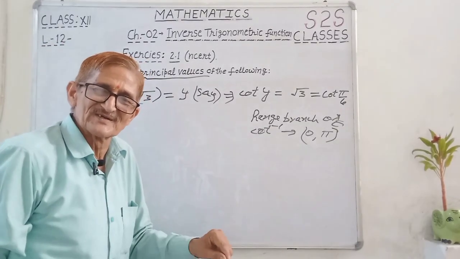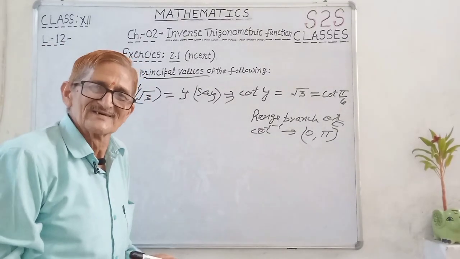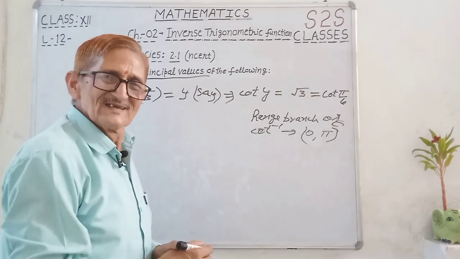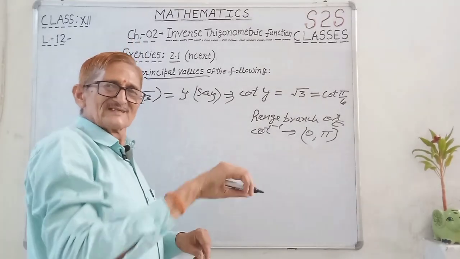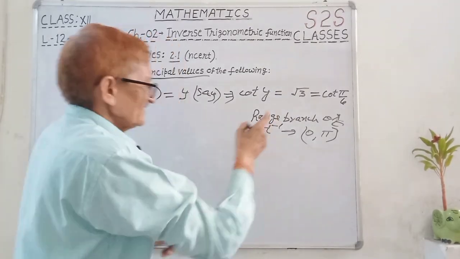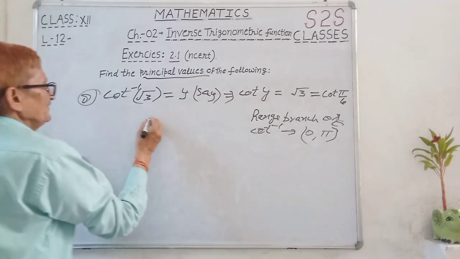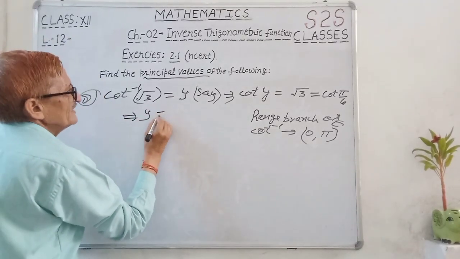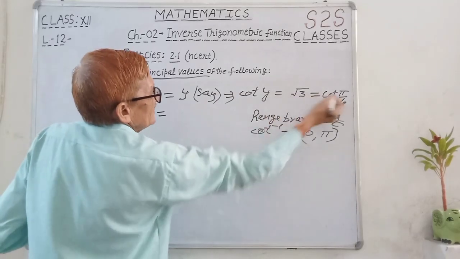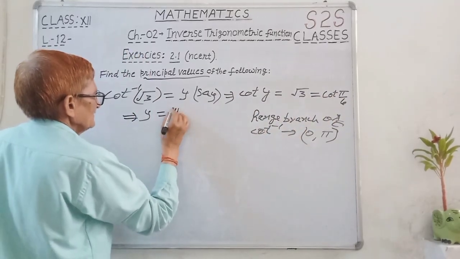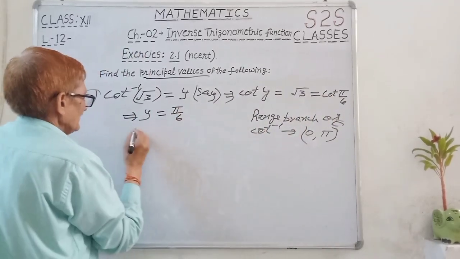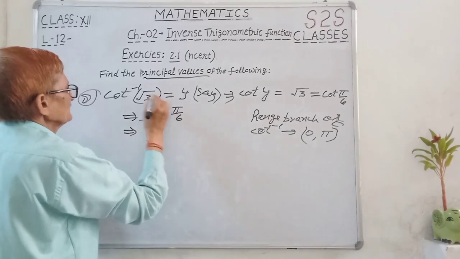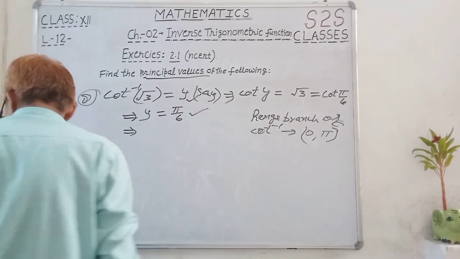Cos 30 is root 3 by 2 and sin 30 is 1 upon 2. Cancel, then root 3. Then this implies y is equal to pi by 6. So the answer is y equals pi by 6.